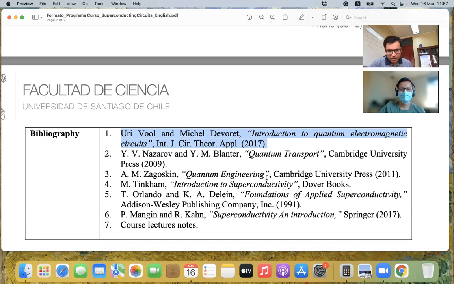Probably all the parts in this course I selected because they are important, but this part is really, really important, because if you later change topic and want to enter into the details of superconducting circuits, it will be very important to know how to build the Hamiltonian of a circuit.